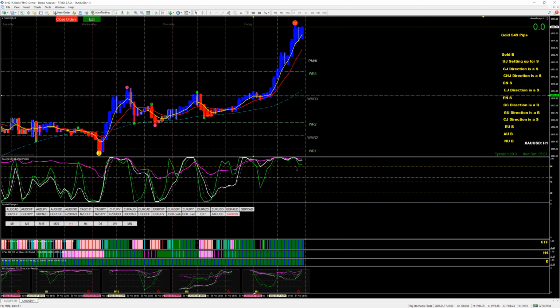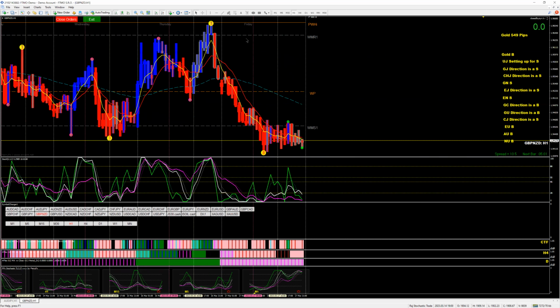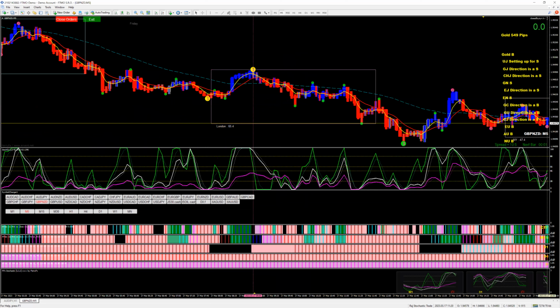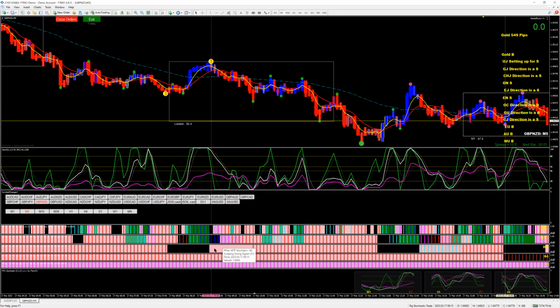Next trade to look at is the pound New Zealand. And same thing, we go to the 5-minute chart and we're looking for a sell. So here we see the 15-minute has peaked, the 4-hour peaks over here.